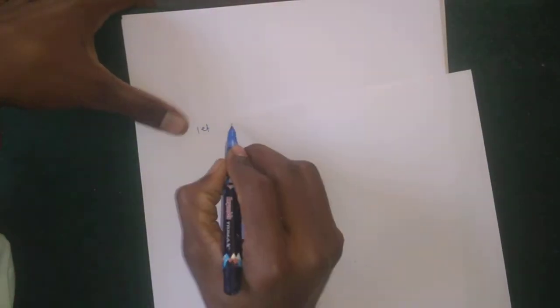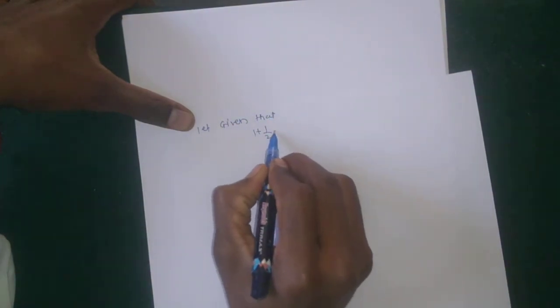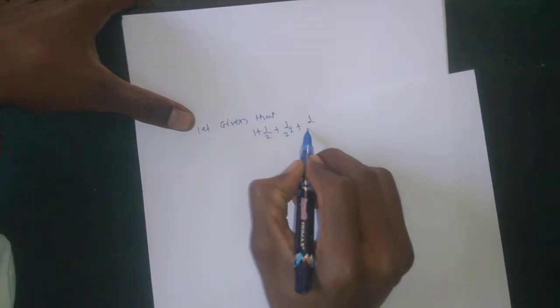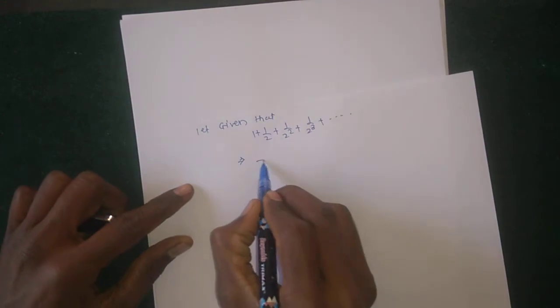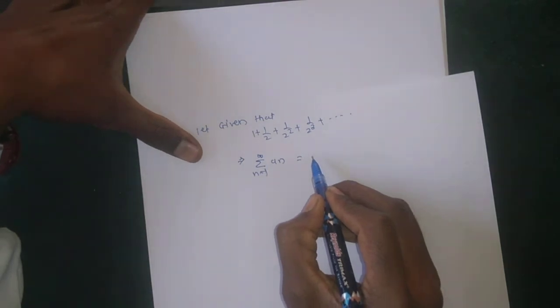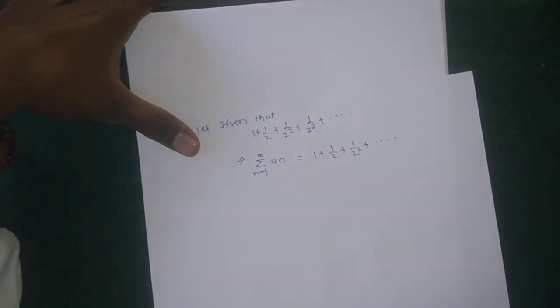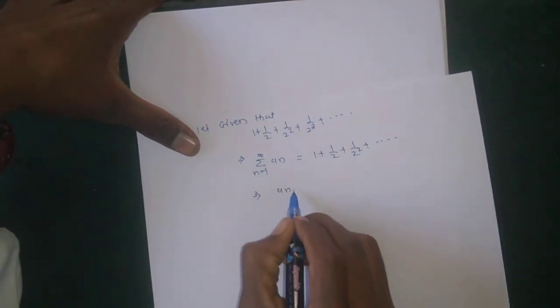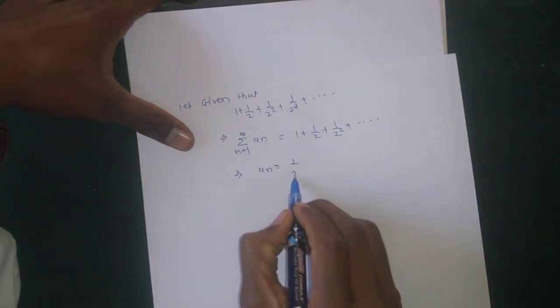So here, what is given? The series is 1 plus 1 upon 2 plus 1 upon 2 square plus 1 upon 2 cube plus, and so on, which implies that an must be 1 upon 2 raised to n.